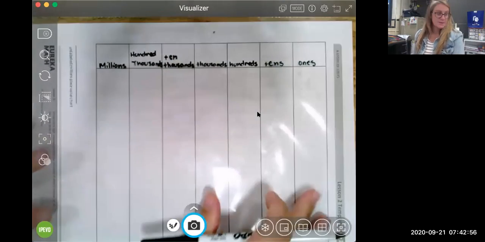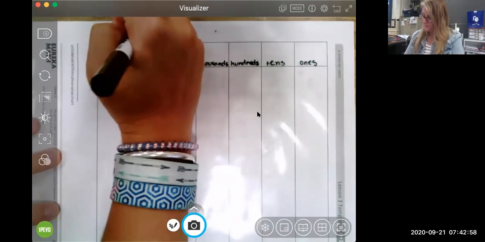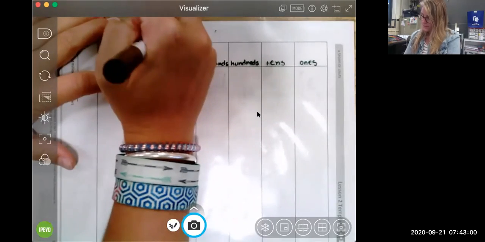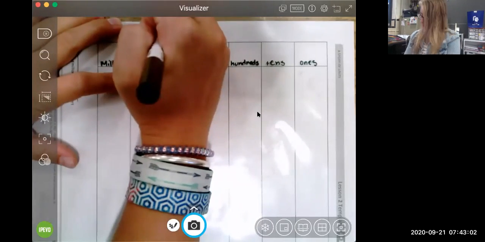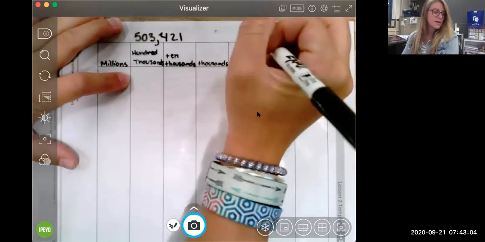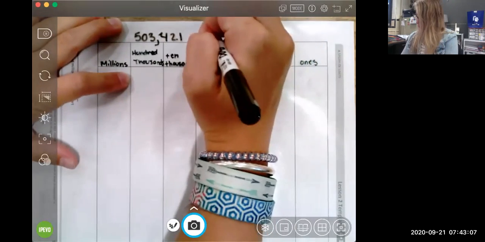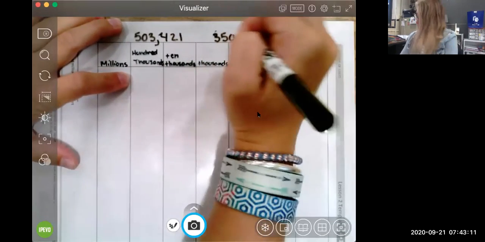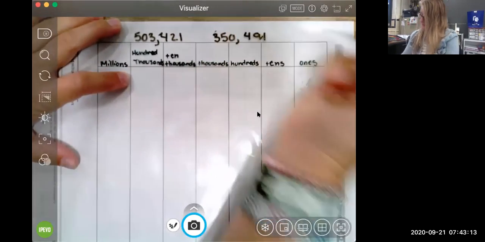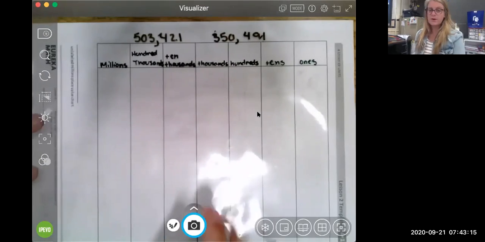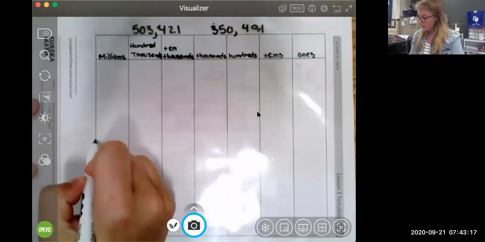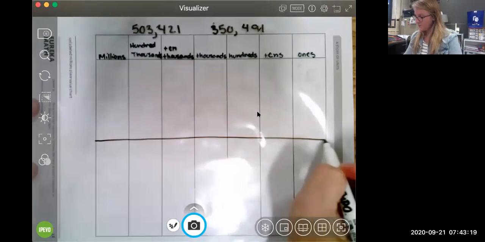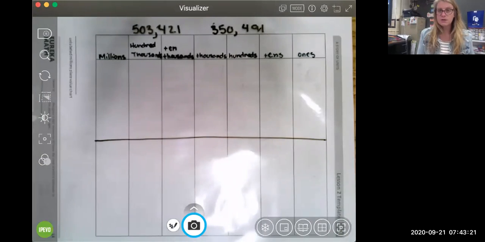Together, we are going to compare 503,421 and 350,491. And we're going to draw a line in the middle of our page.